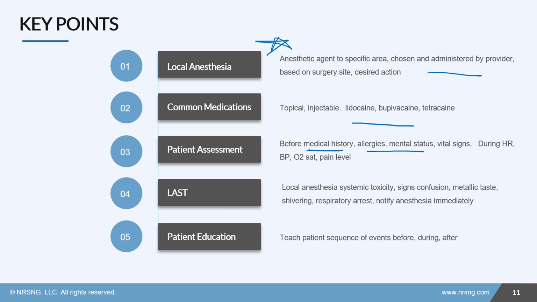Remember that local anesthesia systemic toxicity is an issue that can occur where there are mental status changes, metallic taste in the mouth, shivering, numbness or tingling of the lips. You're going to contact anesthesia immediately if any of these issues occur. Finally, teach your patient what they can expect before, during, and after local anesthesia, with emphasis on the fact that the patient will be conscious the entire time during the procedure.